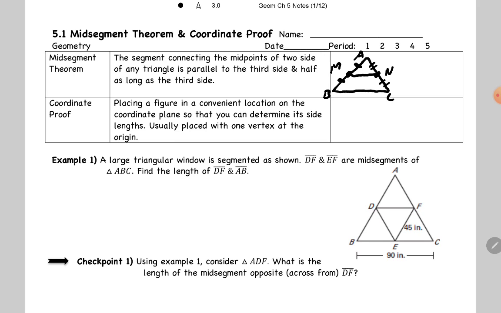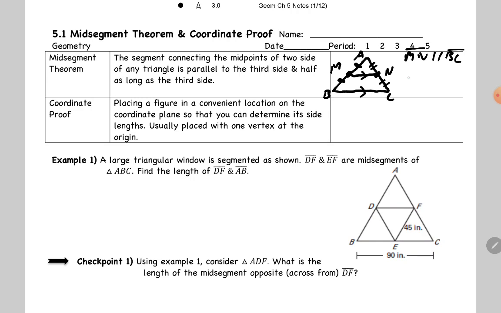So the midsegment theorem: the segment connecting the midpoints of two sides of any triangle is parallel to the third side and half as long as the third side. So what's going on is the midsegment MN is parallel, so same slope, as the third side, BC. As you can see, MN is parallel to BC there.